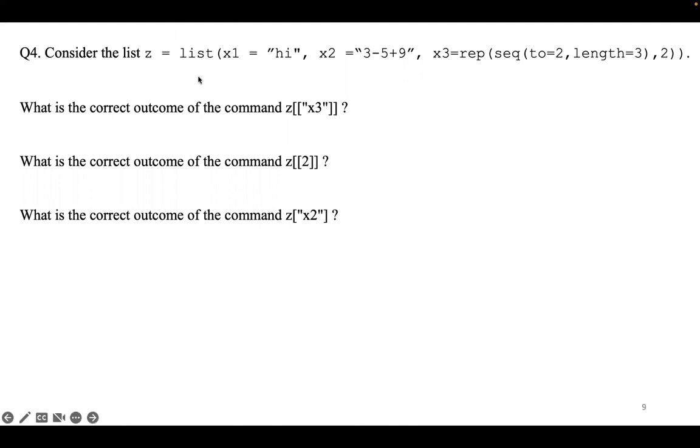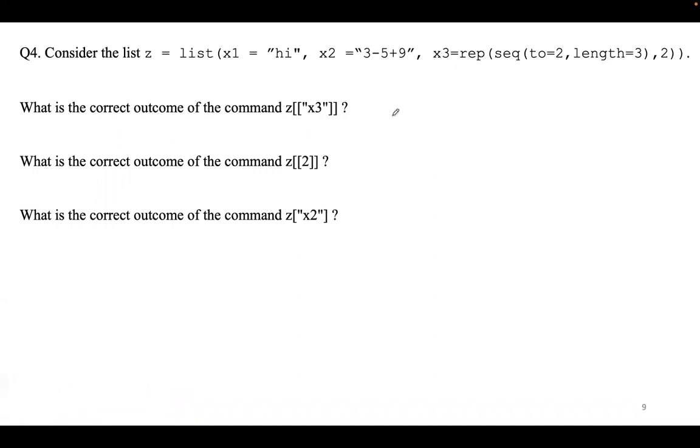Okay. So now this question is using your knowledge of sequence, repeats, and list. So I would like you to resolve this final bit, whatever it is. And just check that all the brackets are correctly placed.